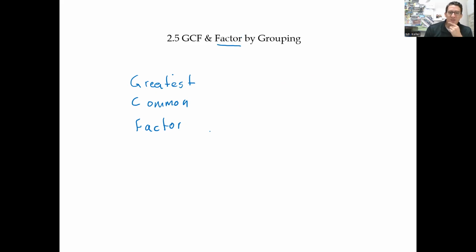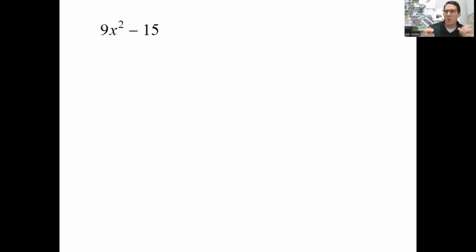Factoring is when you split a quantity into two smaller quantities that multiply together to get the larger one, right? So for example, let's say I told you to find the factors of 6. Do a little factor tree, 6 factors into 2 times 3.